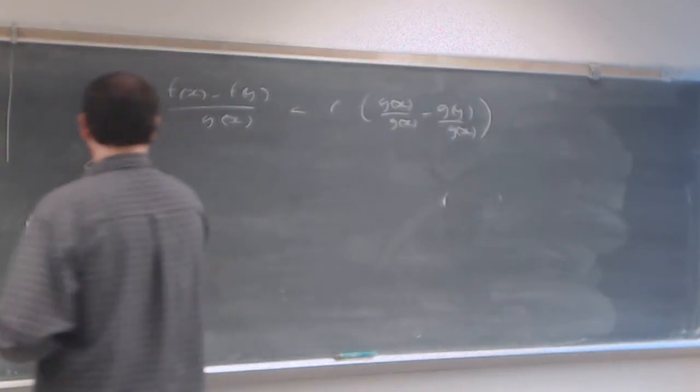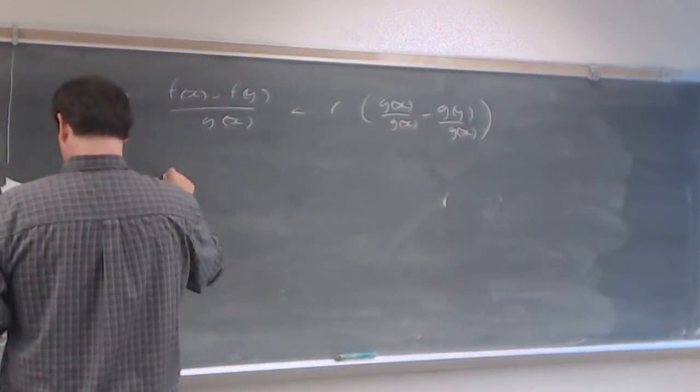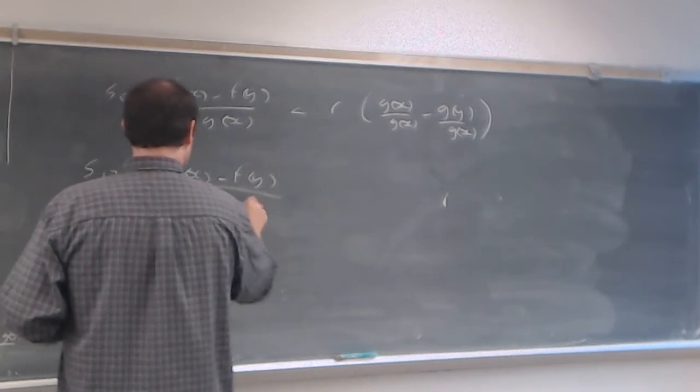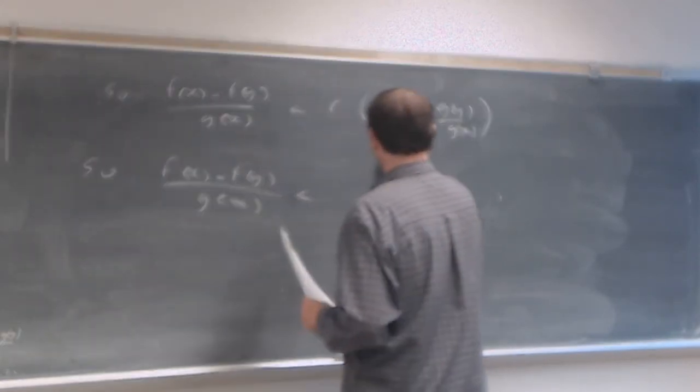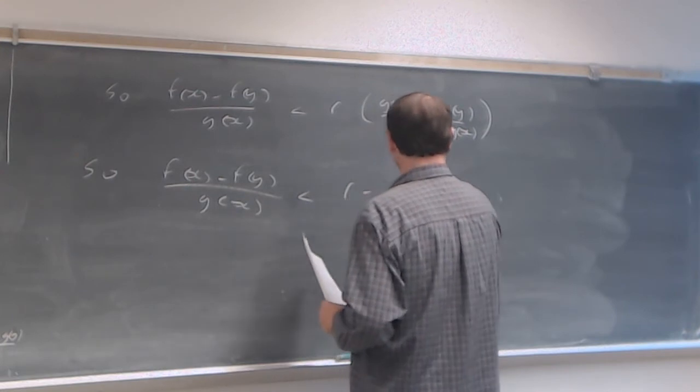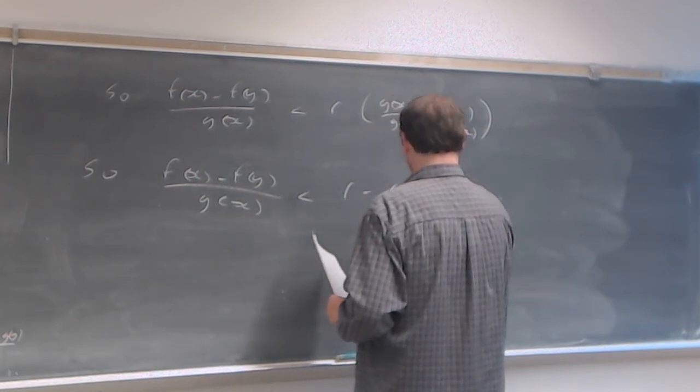And so what that says is that f of x minus f of y over g of x is going to be less than, this is 1, so it's r minus r times g of y over g of x.